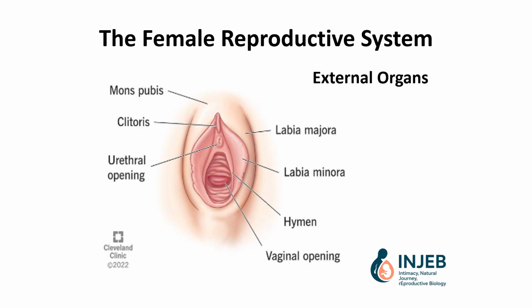The labia majora and labia minora form the external and internal folds of tissue that provide protection and enclose the vestibule.